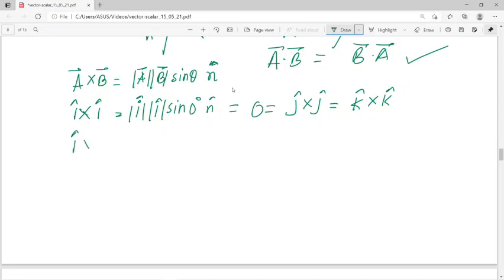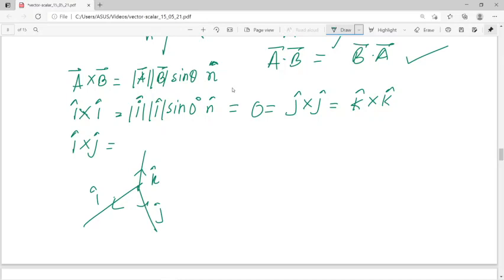But now if we consider I cross J, what will happen? This is I, this is J, and the perpendicular direction is K cap, because I cap is the unit vector along the x direction, and J cap is the unit vector along the y direction.